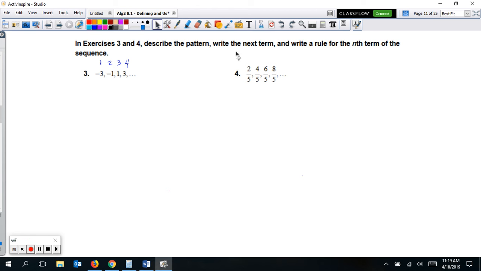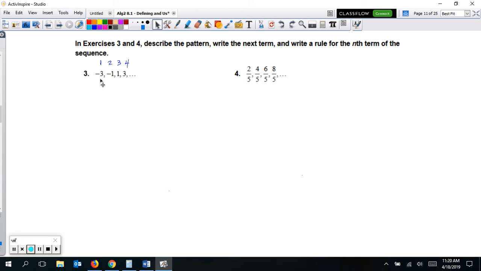And as we're trying to think about how to write a rule for this, because that's a really important thing, we want to figure out what do we need to do to these numbers up here, like the 1, the 2, the 3, and the 4, to be able to get these numbers down here. So we need to do the same thing to this to get to here. And sometimes it's very simple, sometimes it's not as simple. Like we could say, well, from 1 to get to -3, I could just subtract 4 from that.